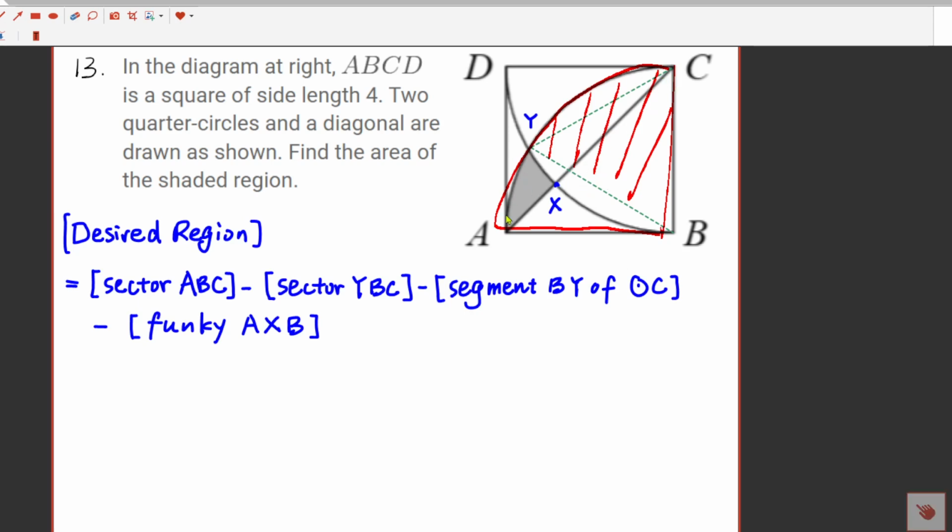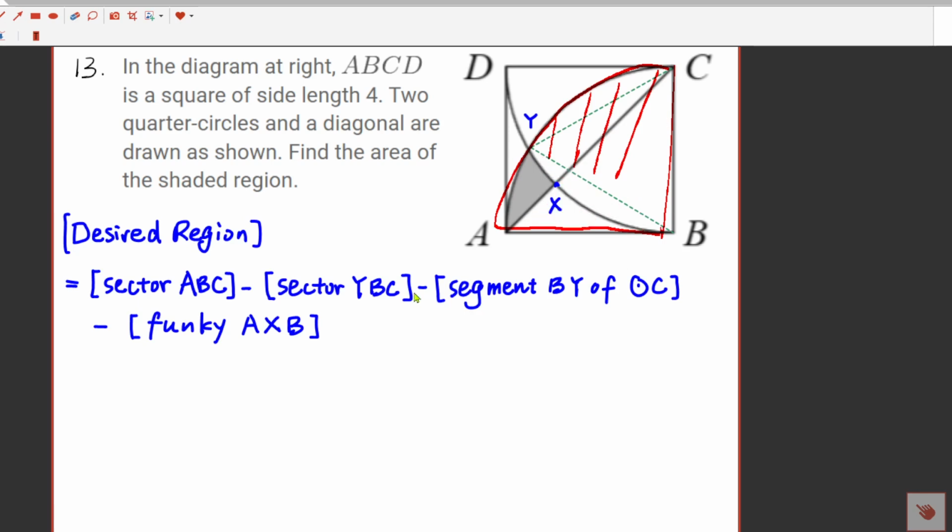Alright, so sector ABC subtracted by sector YBC and then subtracted by segment BY of circle C. This is this area here, right? And then last one we have subtracted by funky area AXB. AXB is this area. Then you get the shaded region here, right?